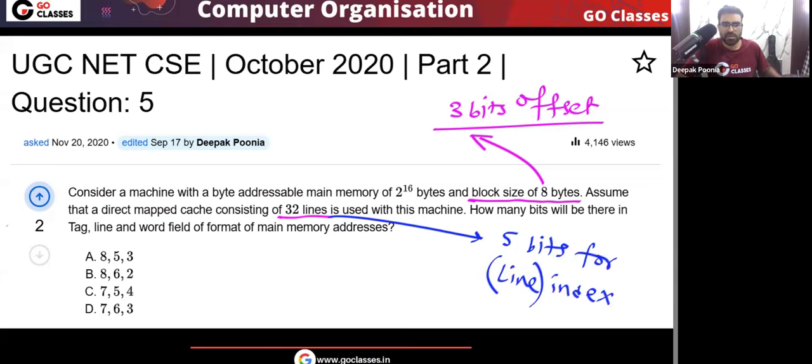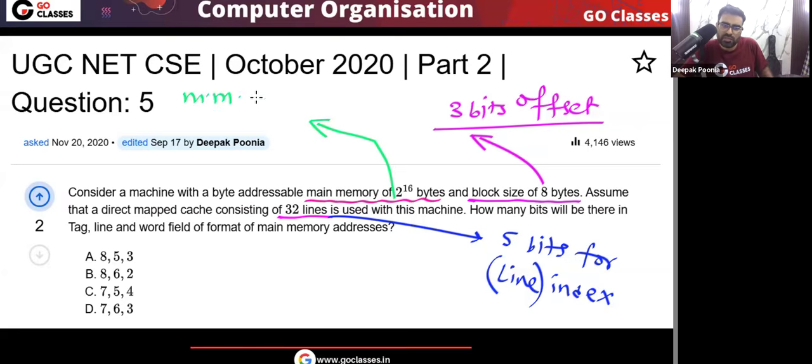Now you know that the main memory has 2 power 16 bytes, and the main memory is byte addressable, meaning at every address there is 1 byte. So the main memory size is 2 power 16 bytes, which means the address size will be 16 bits. Yes or no?